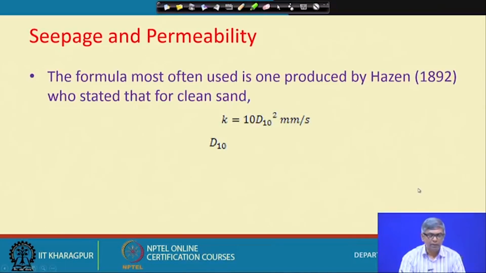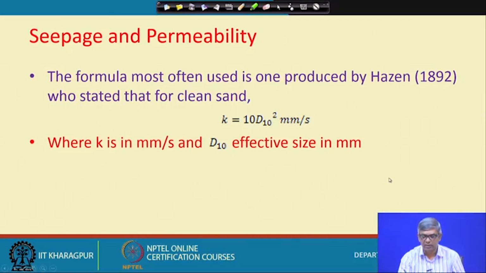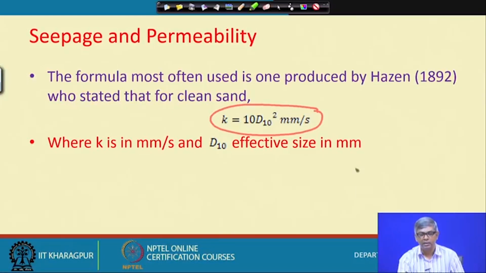Now, regarding this permeability value, we have told qualitatively that water flows through soil, but what is the value for different soils? Over time people attempted to find the value, and Hazen has given one relationship, which is empirical: k equals 10 into d10 squared, where d10 is the effective size, that is, the diameter at which 10% is finer.